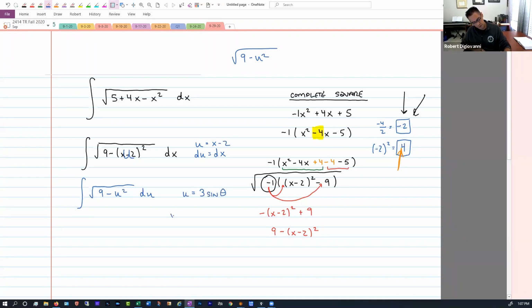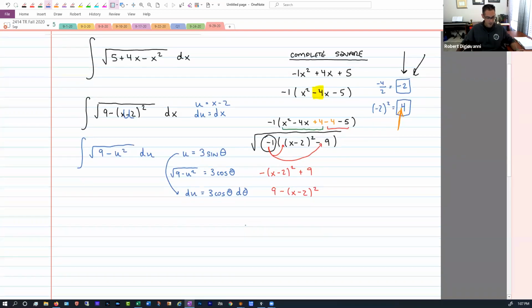Then I know that the square root of 9 minus u squared automatically is going to become 3 cosine theta. And we know that when we take the derivative of this, du is going to become 3 cosine theta d theta.